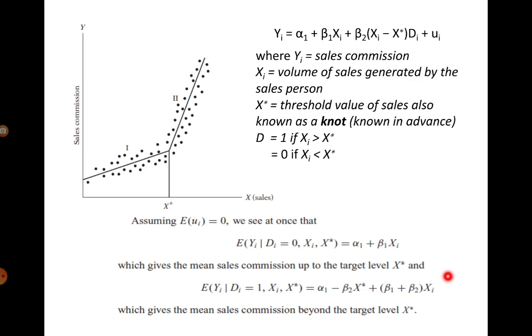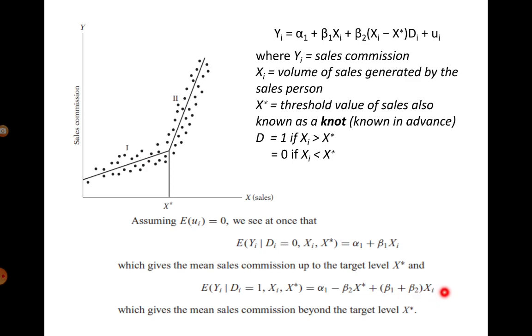Now that can be simplified and written as alpha 1 minus beta 2 times x star. So this is your difference in intercept term. Remember, x star is fixed. It is known to you in advance and it is fixed, so it is not a variable. And the difference in slope will be beta 1 plus beta 2 times xi.